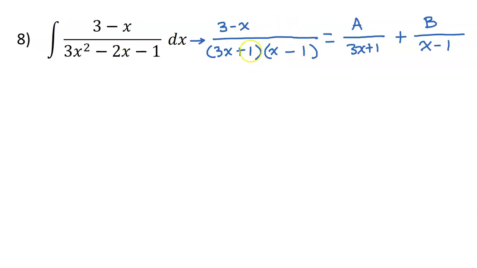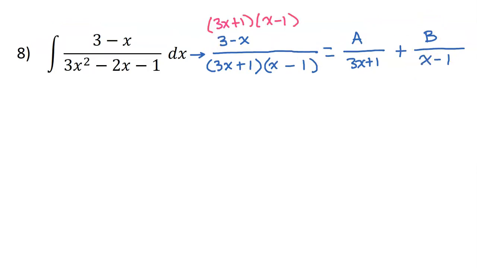Next, we rewrite this integrand in the form a over 3x plus 1 plus b over x minus 1. To solve for a and b, we need to multiply both sides of the equation by the common denominator 3x plus 1 times x minus 1. On the left side of the equation, both factors cancel out and we are left with 3 minus x.